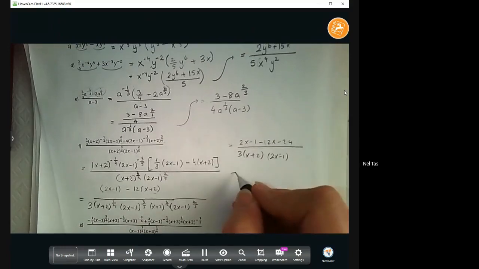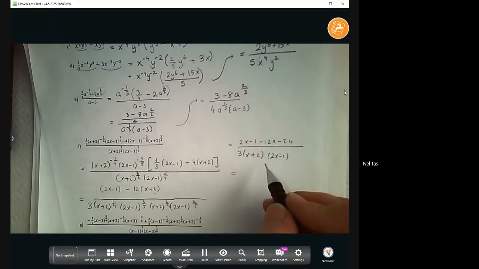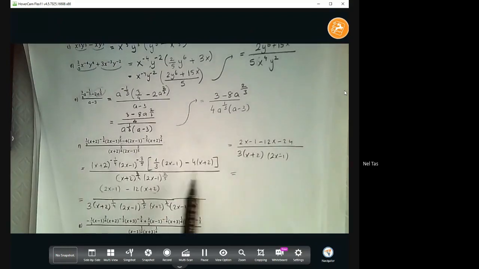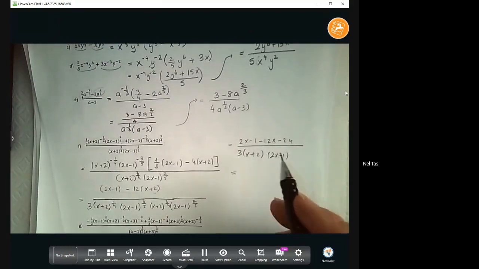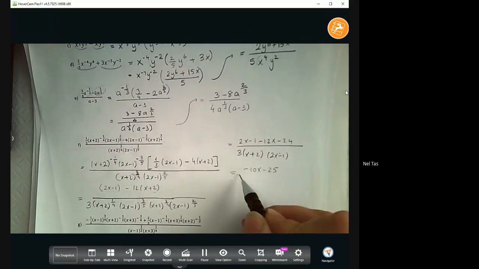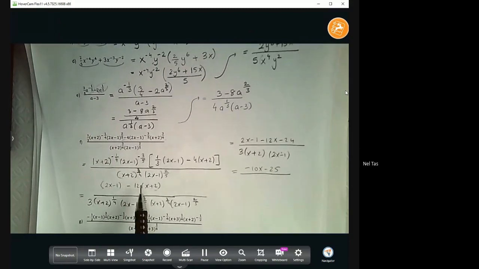Okay, now collect these ones. I'm just checking if there is any mistake I made here. We have negative 10x minus 25 in the numerator. Let me check.